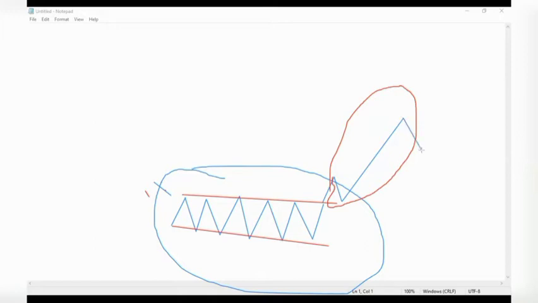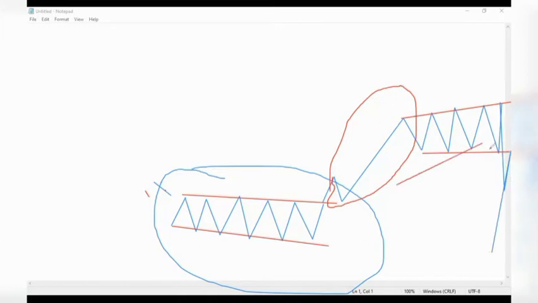Wyckoff says that if the price finally breaks this zone and comes down like this, then you are going to consider this as a markdown phase.